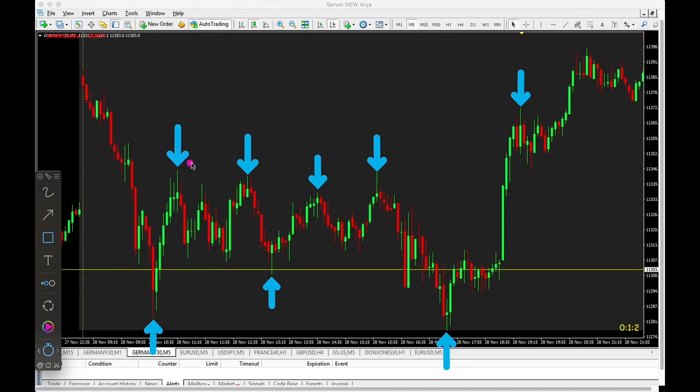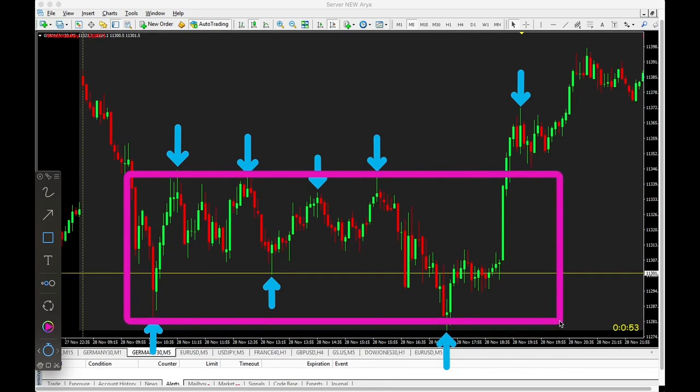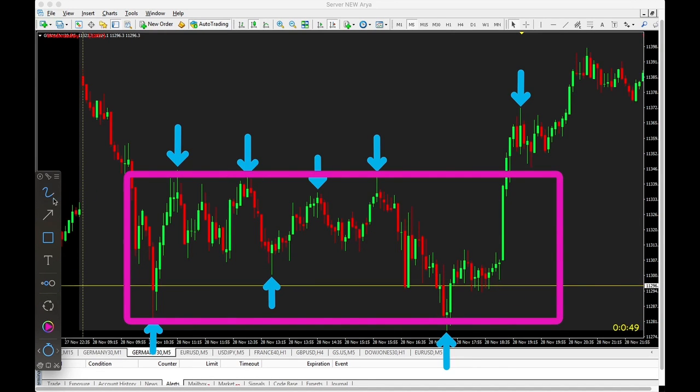If you look at what's happening on the different levels, if I draw a rectangle here, what can you see? You can see that the price, on several occasions, is beaten down. Here, here, here again, and here for a third time.